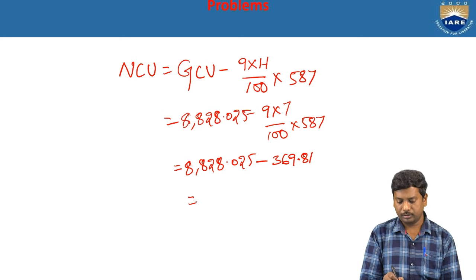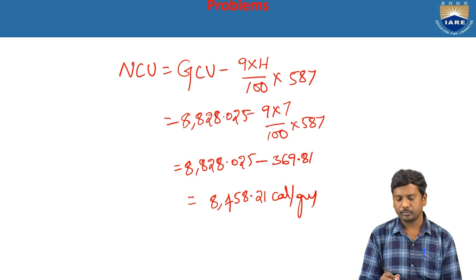So by subtracting the value 369.81 from 8,828.025, we get the value 8,458.21 calorie per gram.